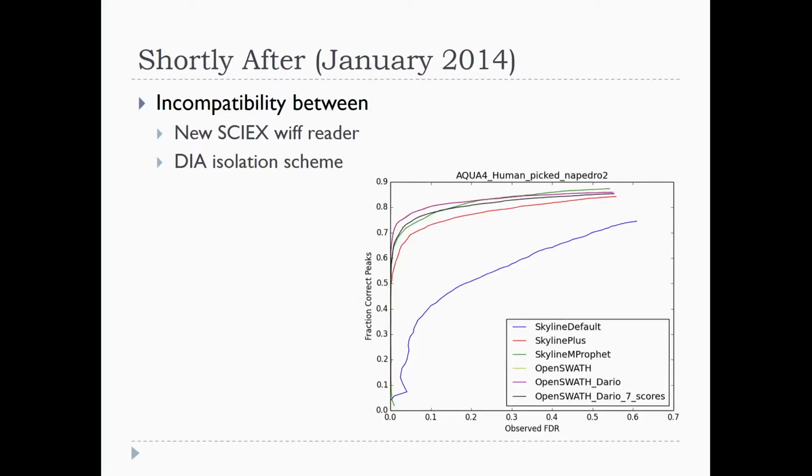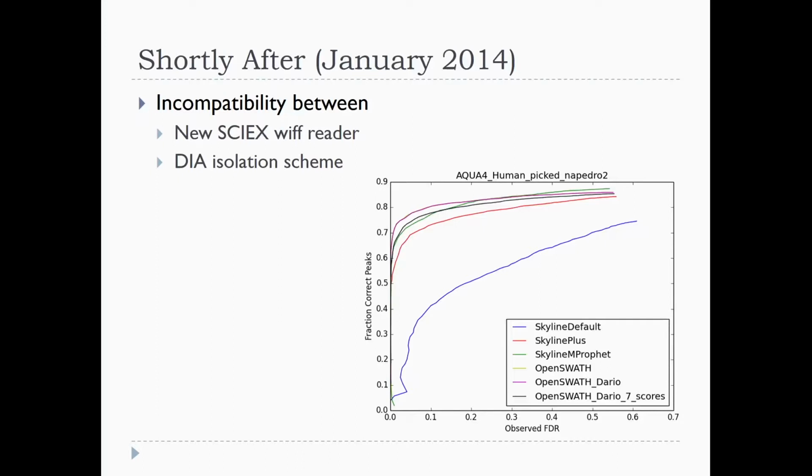What it ended up being was an incompatibility between a new SciEx WIFF reader that we had and our DIA isolation scheme. So for about a third of the peptides, we were extracting them from the wrong MS/MS scans. So they had nothing where they were supposed to have beautiful signal. When we fixed that, all of a sudden we were up like this.